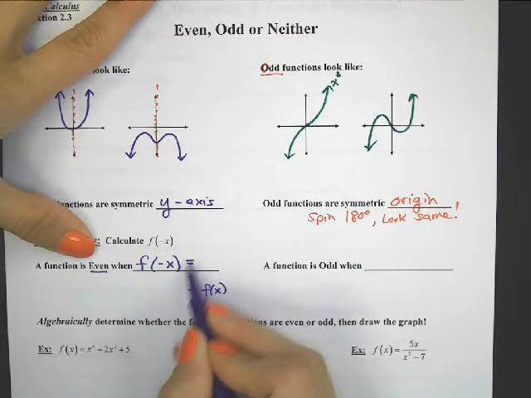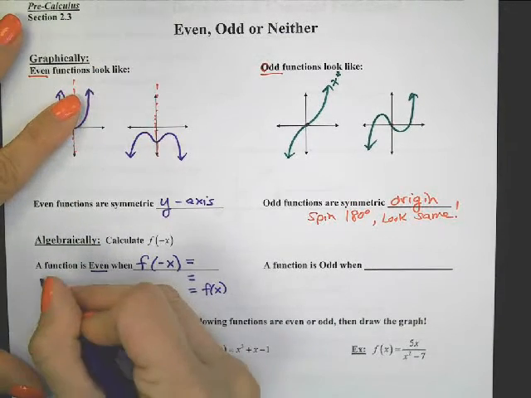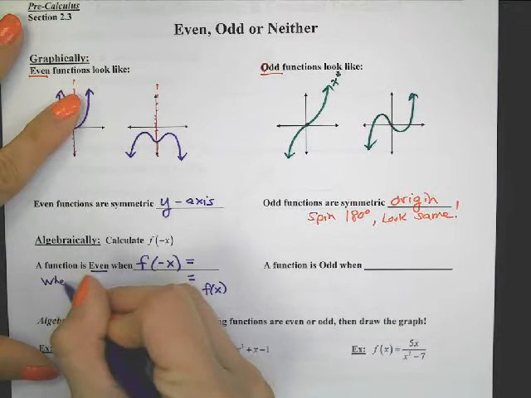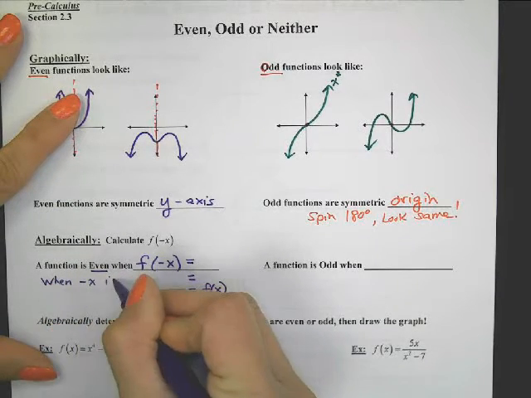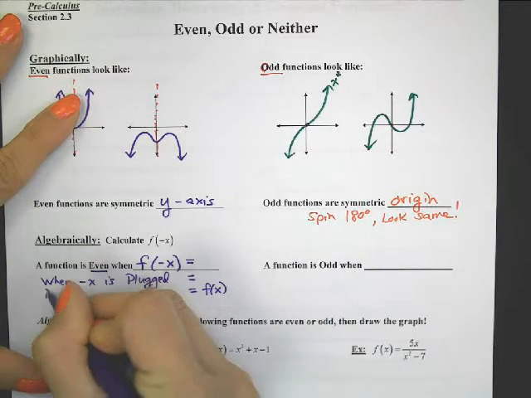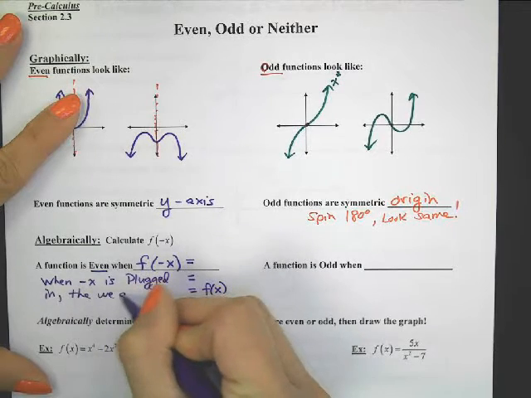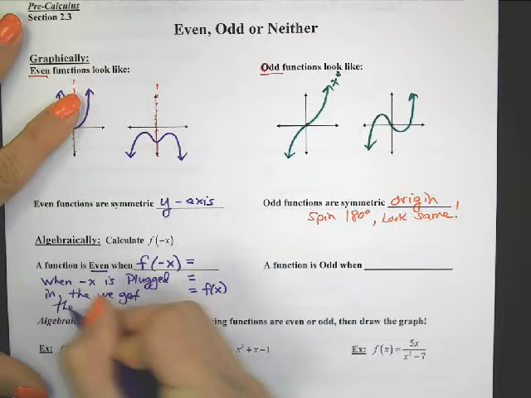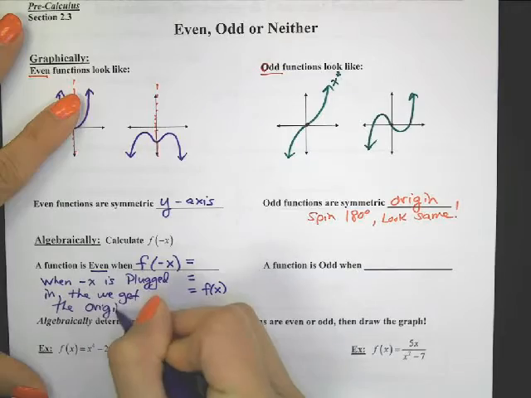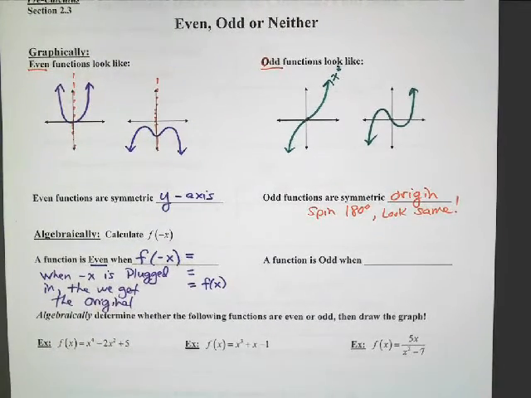So if you put a negative in and you get the original back, then it's even. When negative x is plugged in, we get the original, exactly equal to the original f of x.